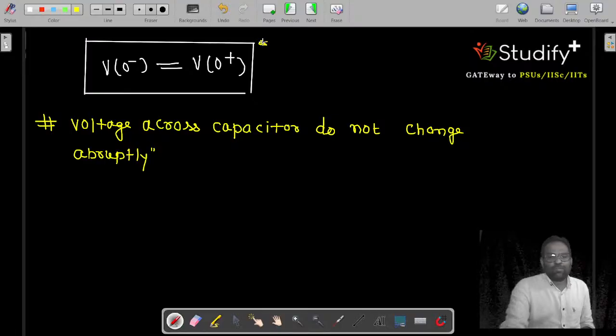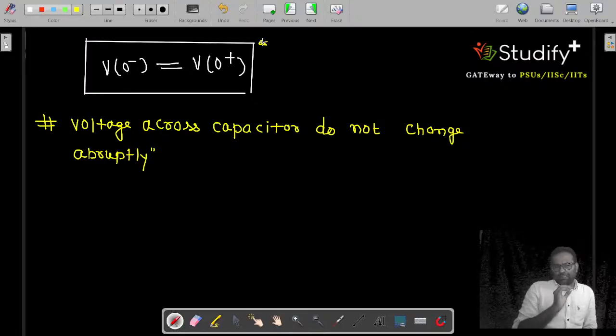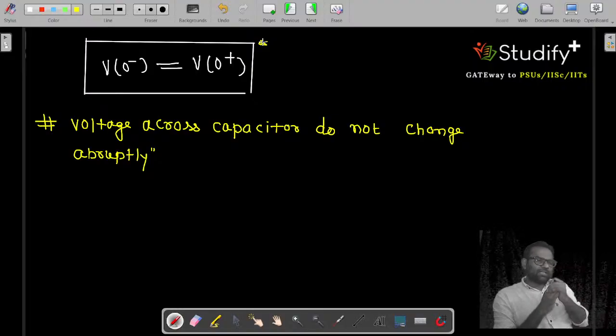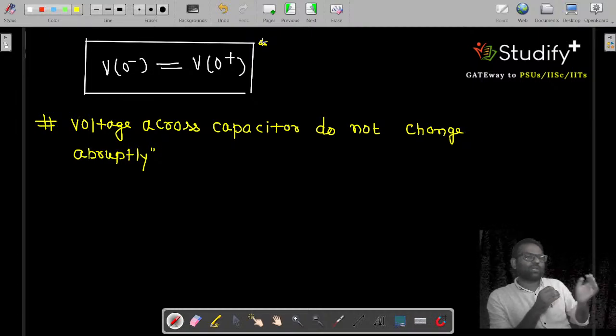So we have seen the three concepts for the inductor. First, it stores the energy in the form of current, meaning in the magnetic field. The second concept is that the current across an inductor does not change abruptly. And the third concept is steady state, which means a component has been connected in the circuit for a longer duration.